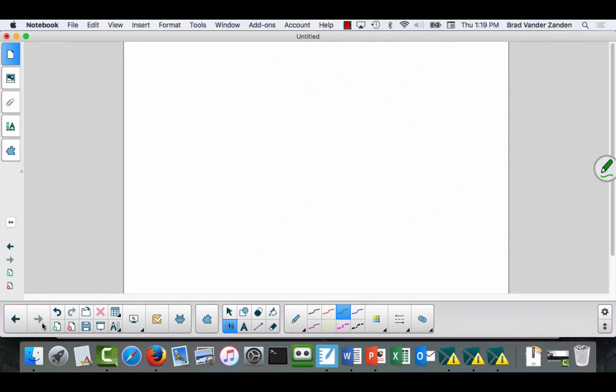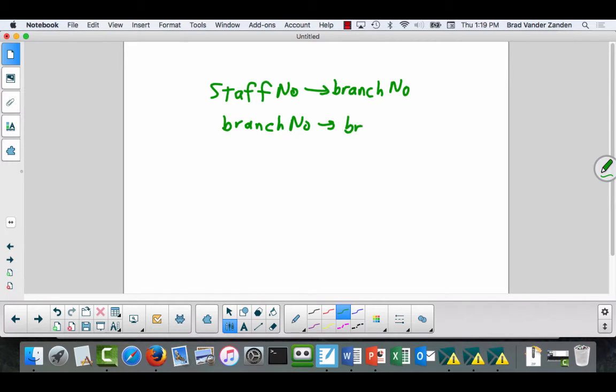The fact that staff number determines branch number, and branch number determines branch address, means that staff number determines the branch address. So we call that a transitive dependency.